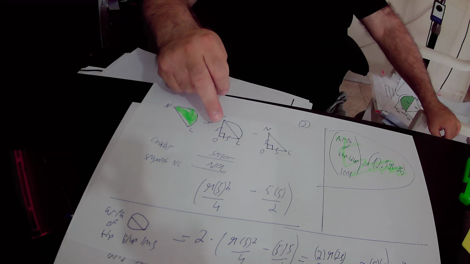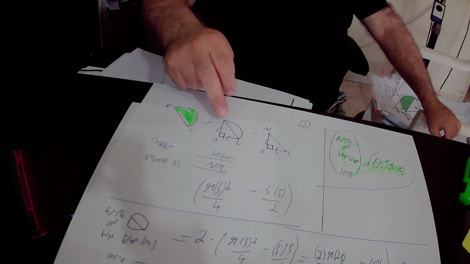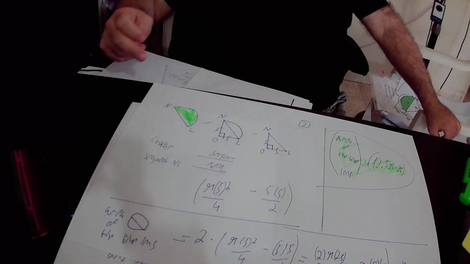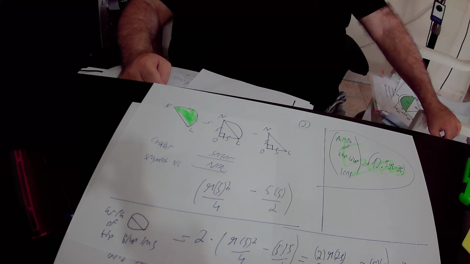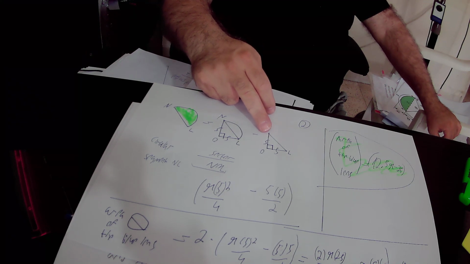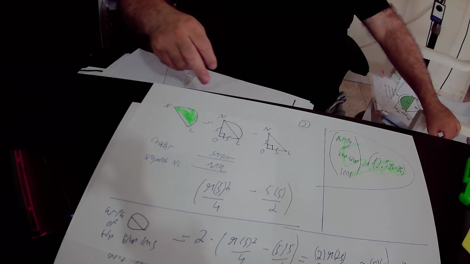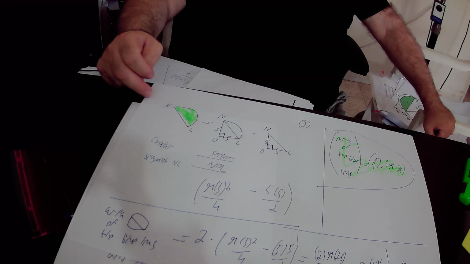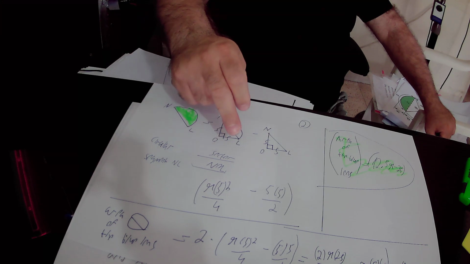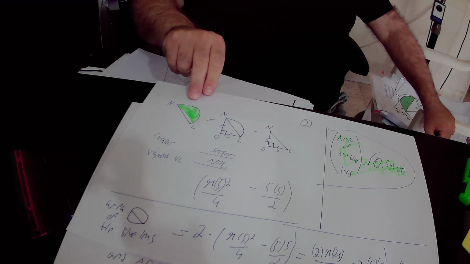Sector NOL is a quarter circle, therefore its area equals pi r squared over 4. The area of this right triangle is the product of the two sides over 2. So this is the area of the upper circular segment. We multiplied it by 2 and found the area of the blue lens.